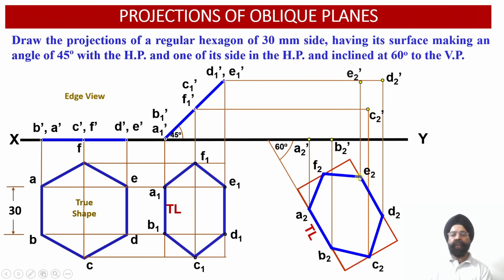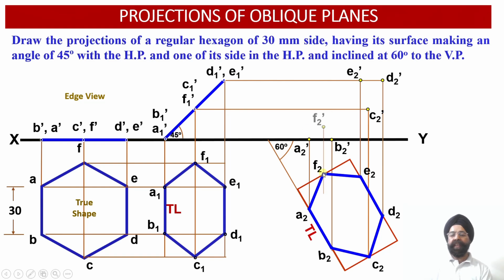Then corresponding to the point E2, again we have drawn a vertical projector line, extended it upwards till it intersects with the horizontal projector line drawn through the point E1 dash. This intersection of the vertical projector through E2 and horizontal projector through E1 dash provides us with the location of the point E2 dash in the front view.